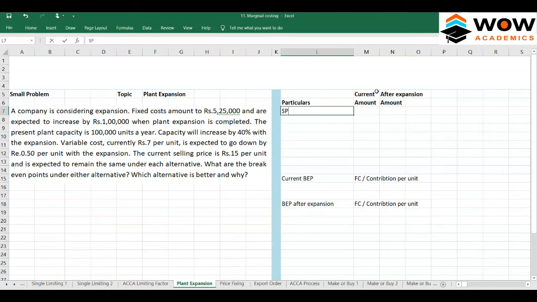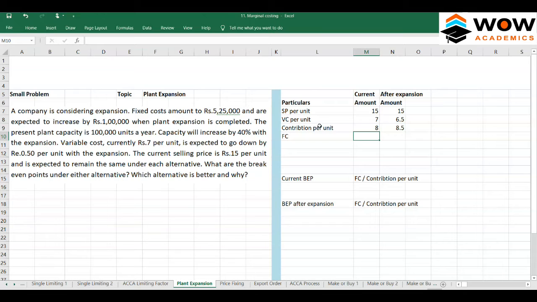So selling price per unit, variable cost per unit, we'll get contribution per unit, then we'll get the fixed cost amount. We don't need to have profit. Selling price is currently 15, after also it is 15. Variable cost is currently 7 and it will go down by 0.5, so that will become 6.5. And the contribution per unit we have to find, so that would be 8 here and it is 8.5 here.